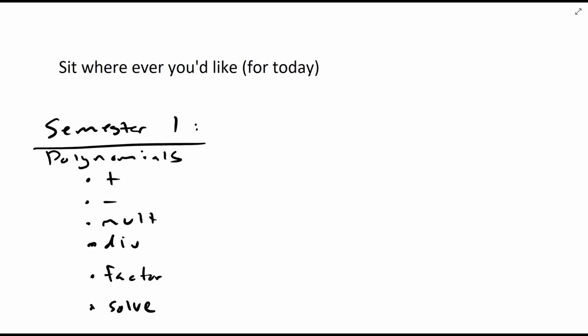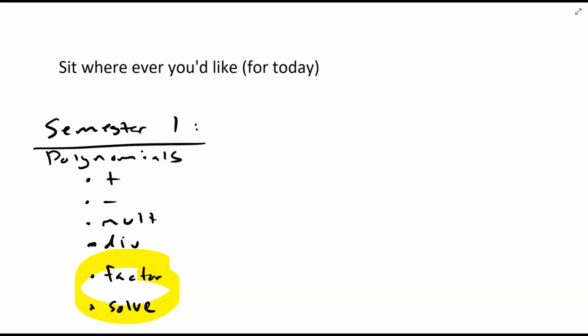The place where we're going to pick up in semester two is we're going to spend some more time talking about factoring and solving polynomials, because there's still a lot of polynomials that we didn't come up with a decent factoring method for, and as a result don't have any good solving methods for.